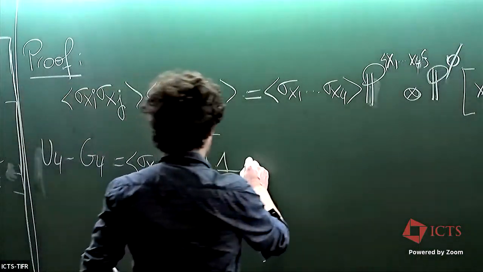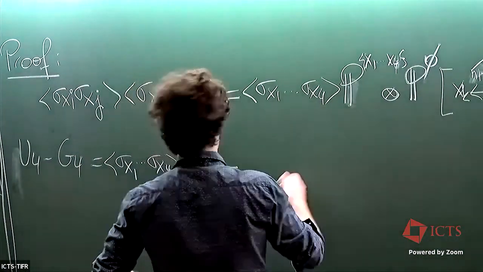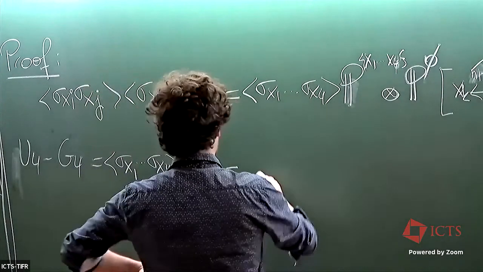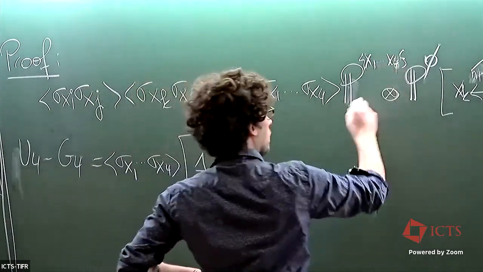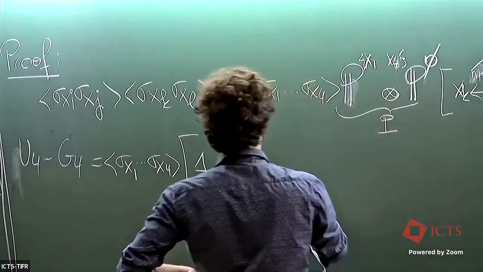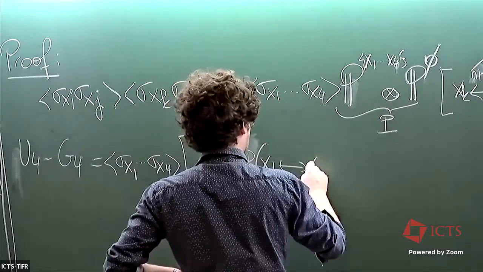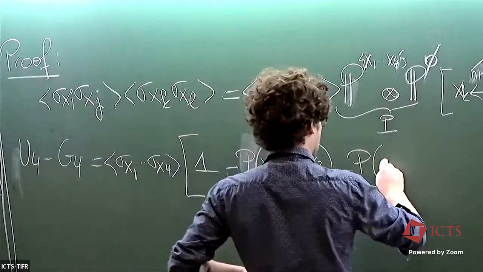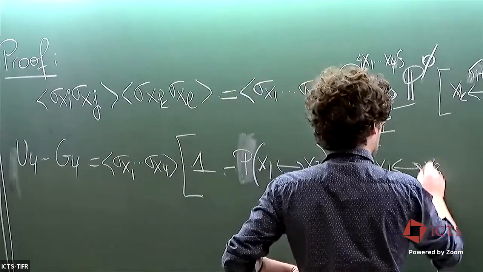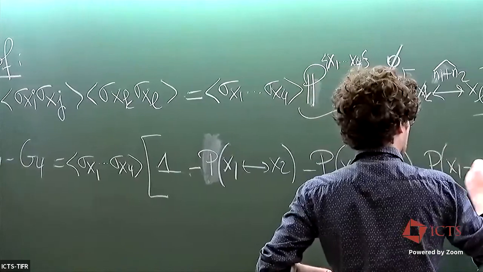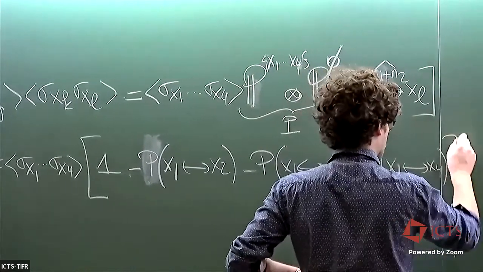So here I'm going to get exactly minus, or if I write here, minus the probability. Let's call it P. So P of x1 connected to x2, minus P of x1 connected to x3, minus P of x1 connected to x4. Right?